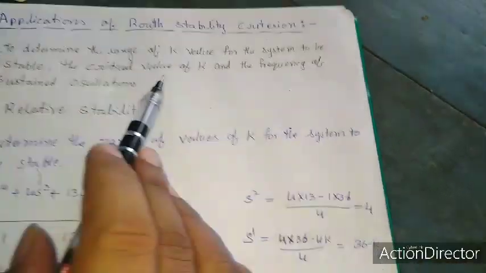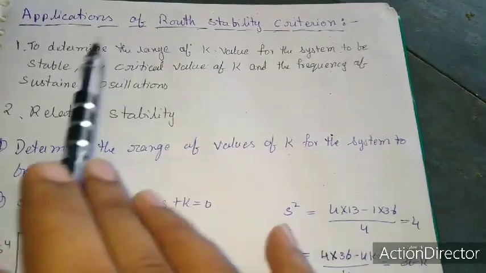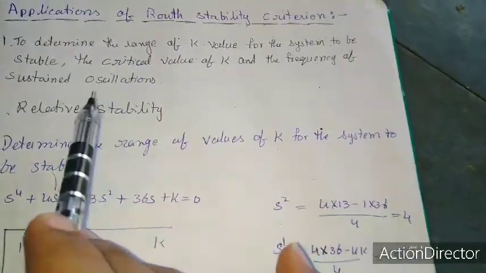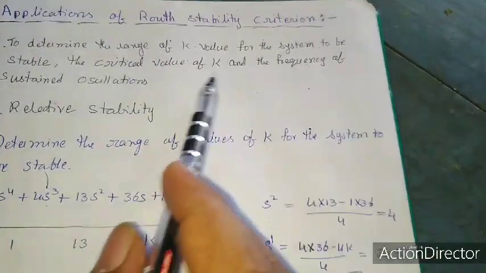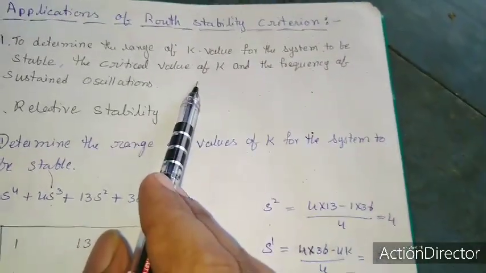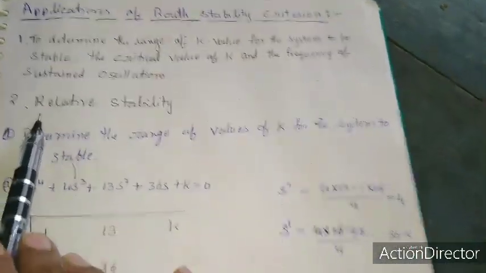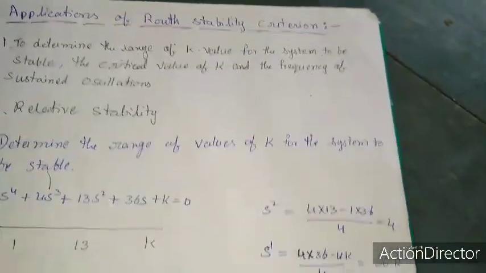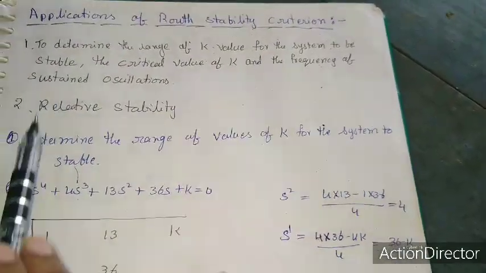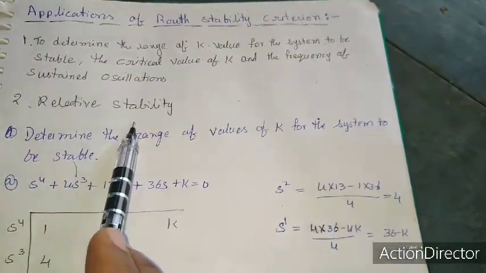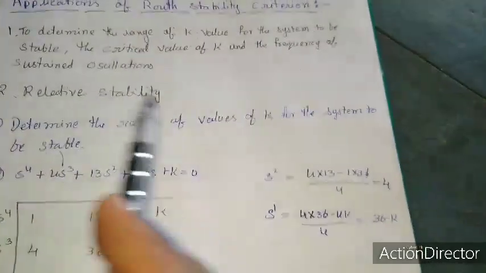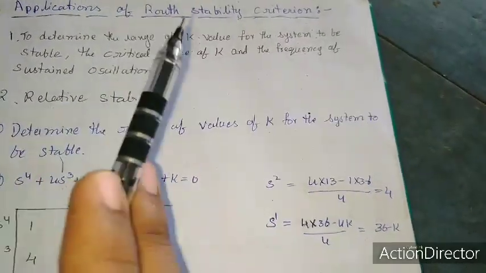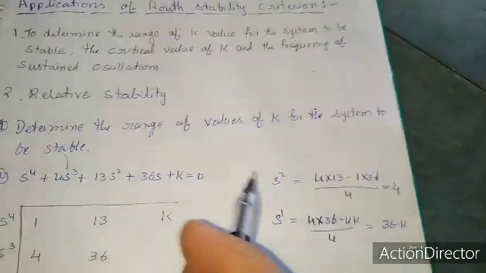So in that way, by using the Routh array we can find this k, the frequency of oscillations, and the marginal or critical value of k. And as I told you, one more important application of Routh stability is relative stability. So we can find out relative stability in time domain by using Routh stability criteria. So we'll get into the problems.